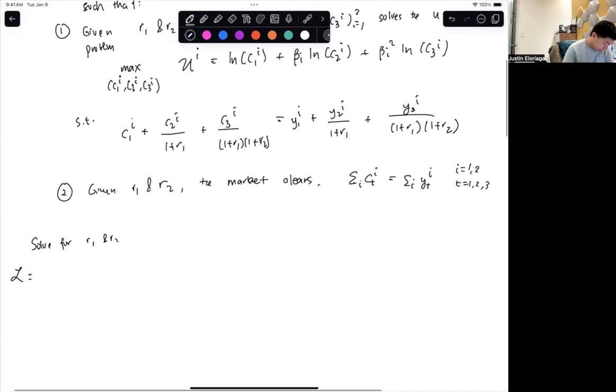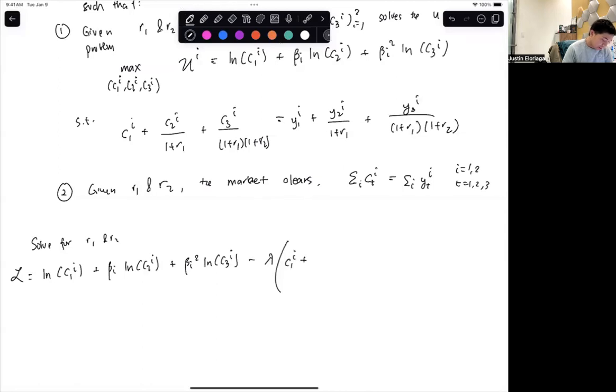From the Lagrangian, we have ln C1i plus beta i ln C2i plus beta i squared ln C3i, minus lambda times C1i plus C2i over 1 plus R1 plus C3i over (1 plus R1)(1 plus R2).